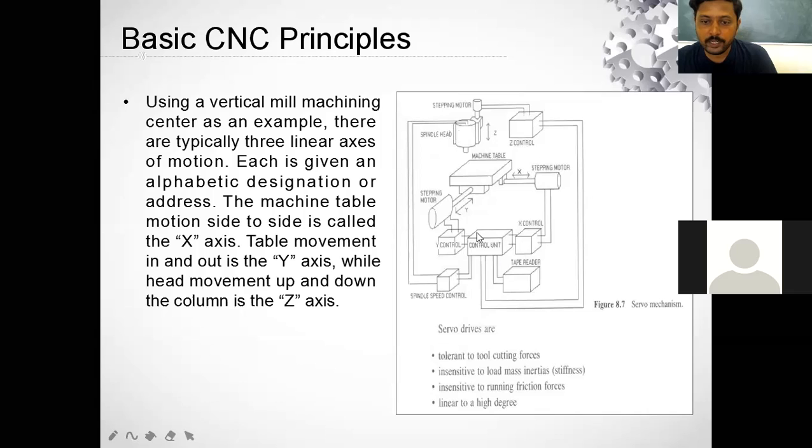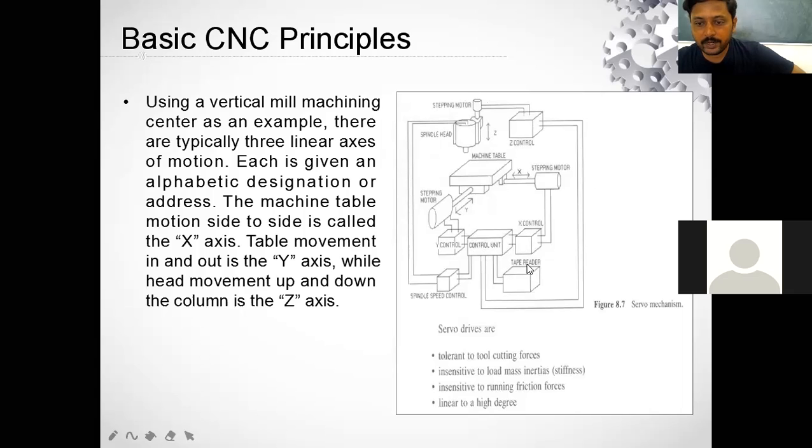There is a control unit which controls this stepping motor direction. Another stepping motor is also connected at 90 degrees to this stepping motor, so you will get the Y control over here. Spindle speed control is given through this spindle head to this control unit, which is also connected with the stepping motor, and that is called Z control, which is connected to the control unit.